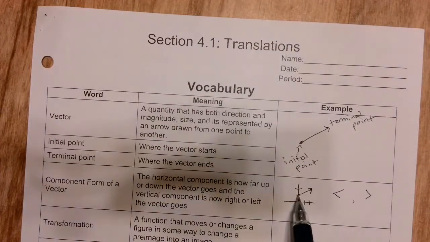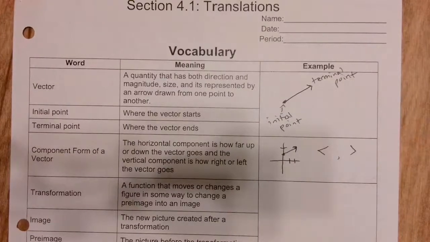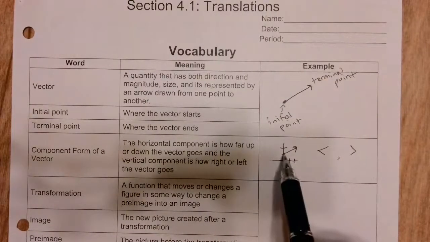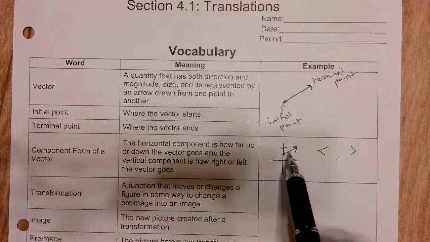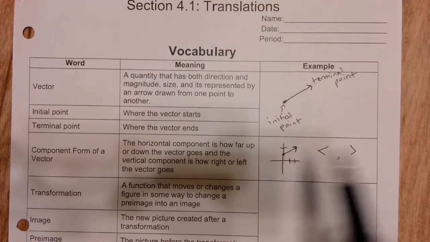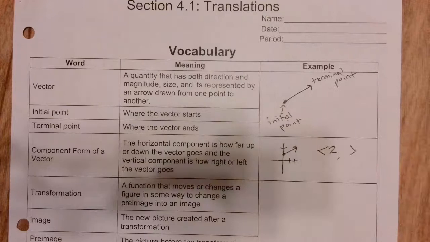The first number represents how far left or right the arrow goes. So this arrow goes 2 units to the right and 1 unit up. So the component form of that vector is 2, 1.